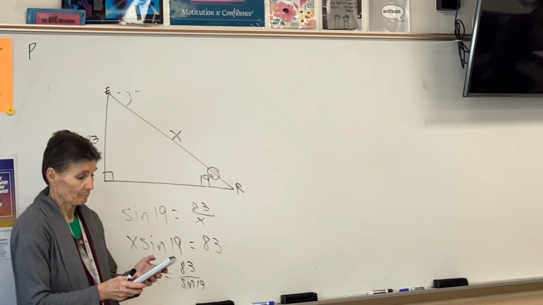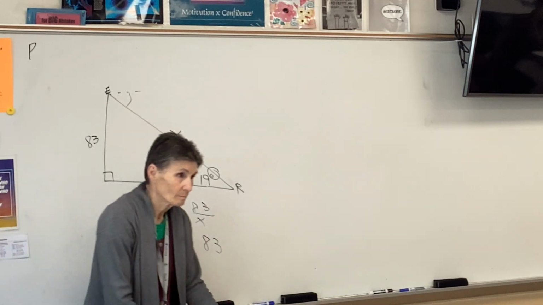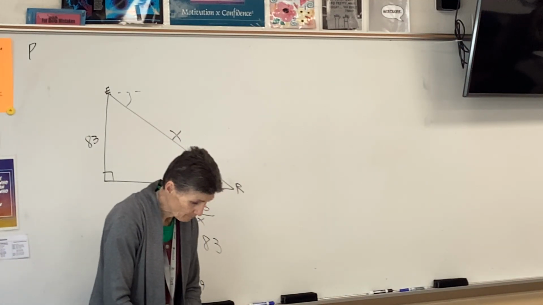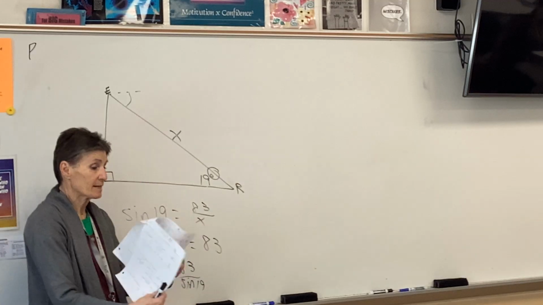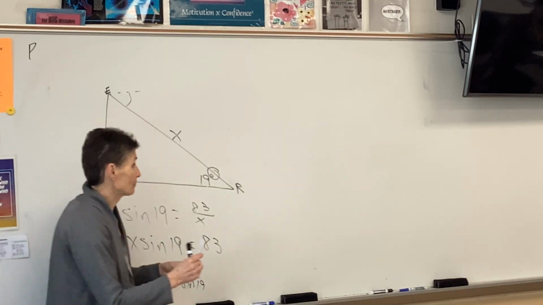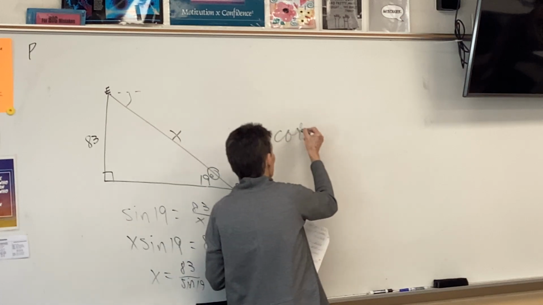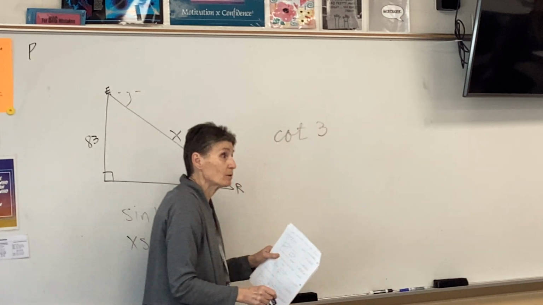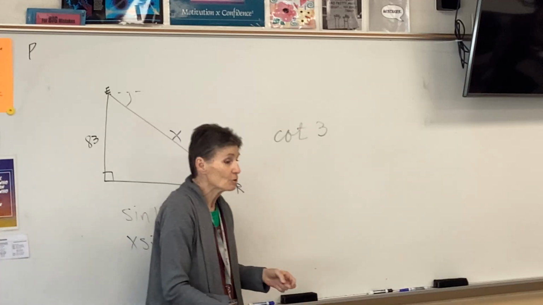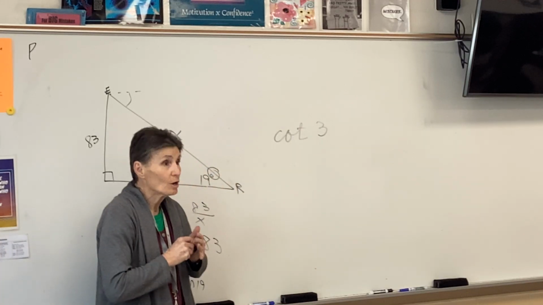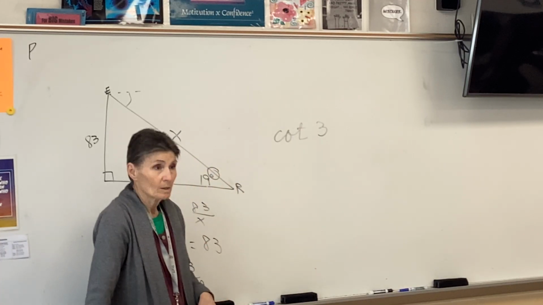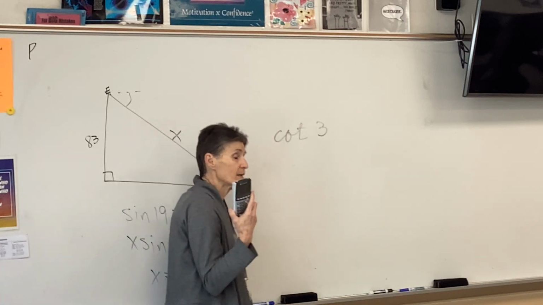6B on the one heart. I just don't know how to look at it. Somebody help him. The question for him is use a calculator to evaluate the cotangent of 3. We do not have a cotangent button.